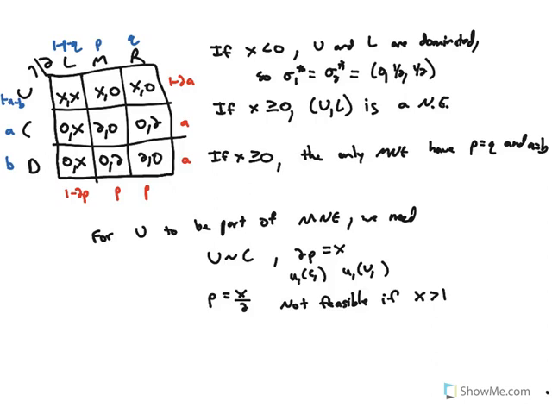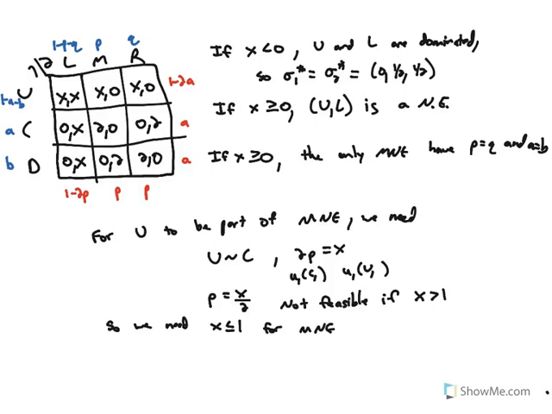Okay? Not feasible if X is greater than 1. So we need X less than or equal to 1 for a mixed strategy Nash equilibrium.